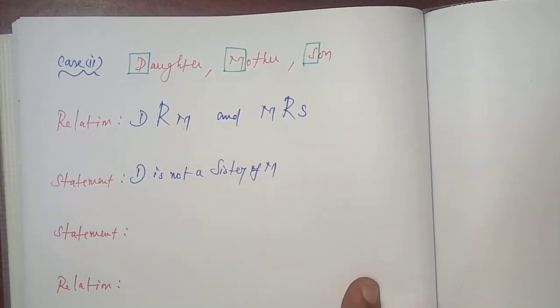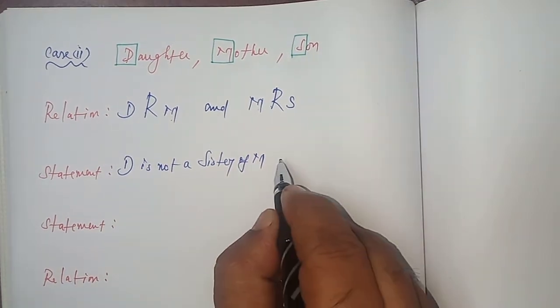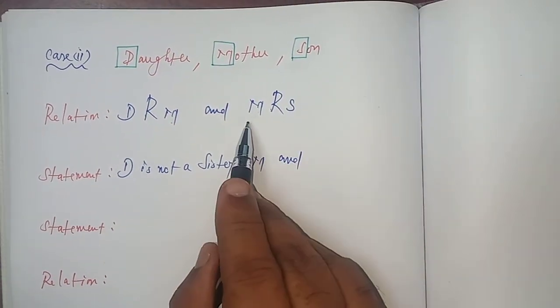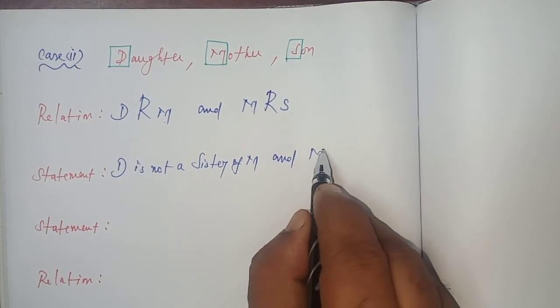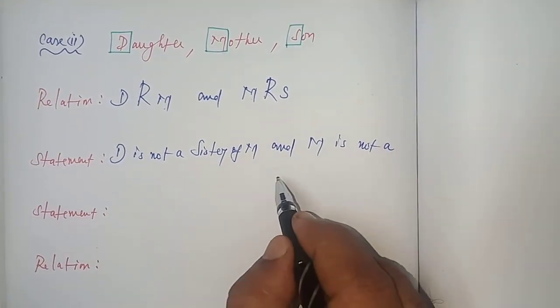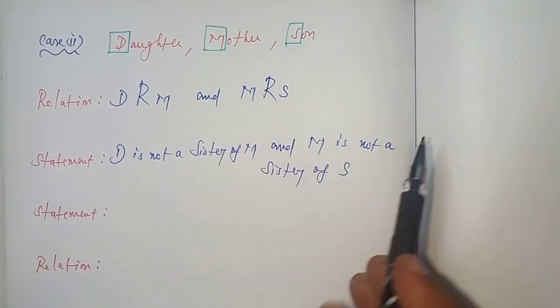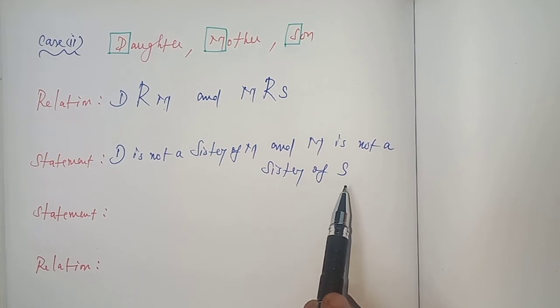Correct only. Daughter is not a sister of mother. And M R S means mother is not a sister of S. That is also correct.